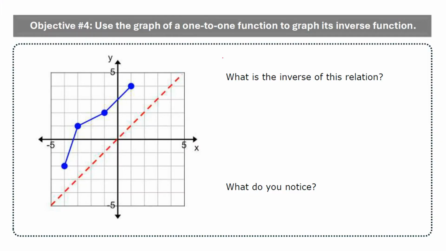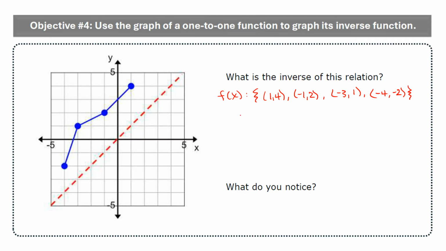Okay? So in this relation here in blue, I have some ordered pairs that are present. Okay? And the ordered pairs that I see are 1, 4, -2, -1, 2. What is that? -3, 1, and -4, -2.